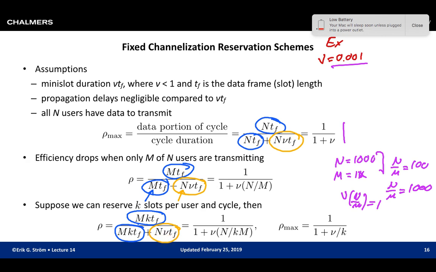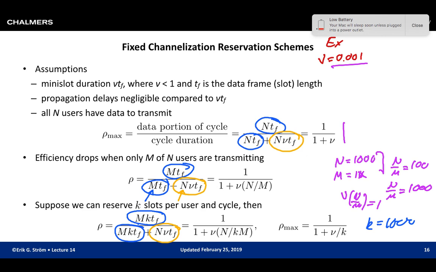And if we do some calculations, we see that the result is 1 over 1 plus nu n divided by k times m. So by making k large, we can compensate for the low activity level of the users. So this is one way to counteract that. So again, if k happens to be 1,000, then we are back to where we started. Really. So any questions on these modifications to the basic scheme and the efficiency of those?